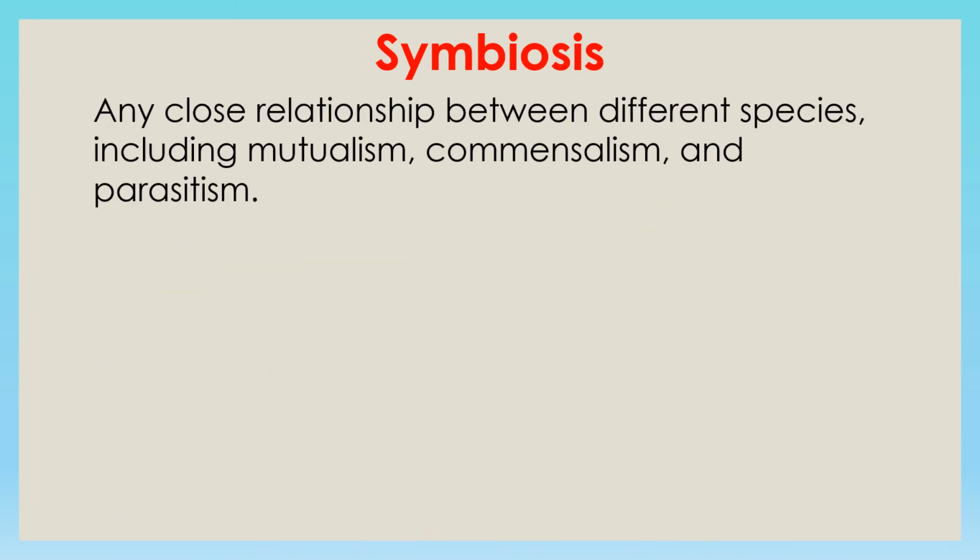Okay, now let's talk about another important topic. I'm sure you love this topic because it's about relationship. And we call that in science symbiosis. So symbiosis is any close relationship between different species, including mutualism, commensalism, and parasitism.